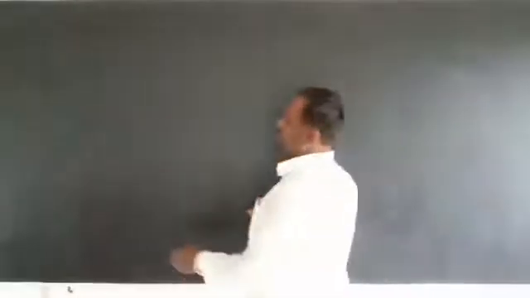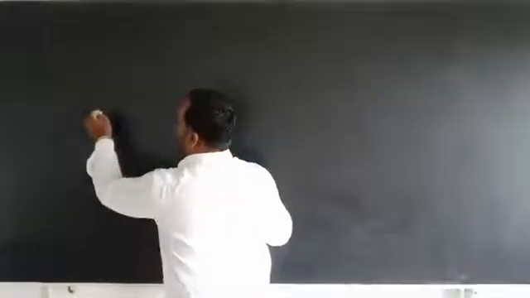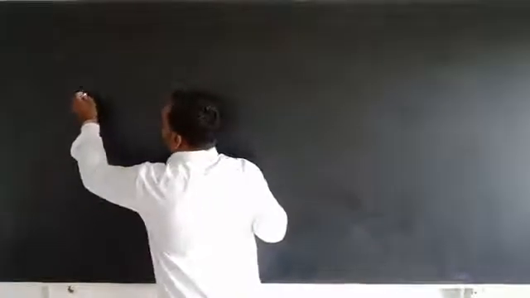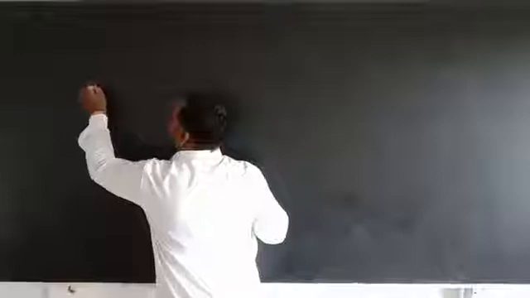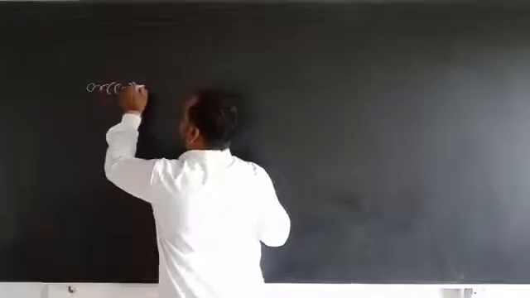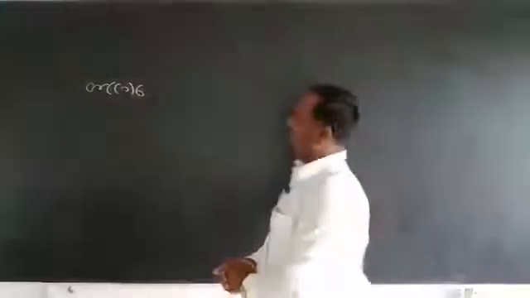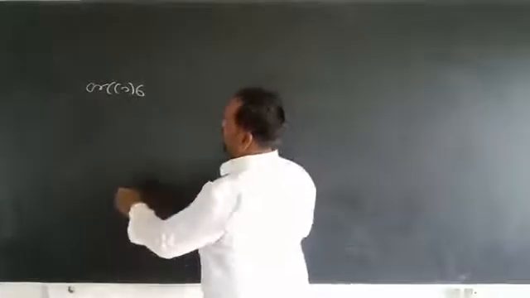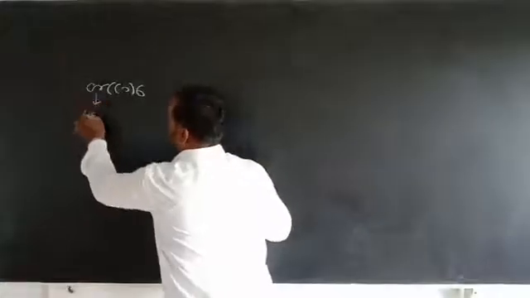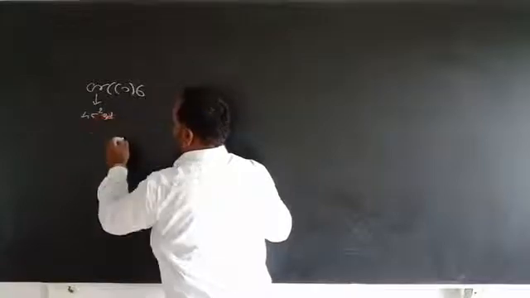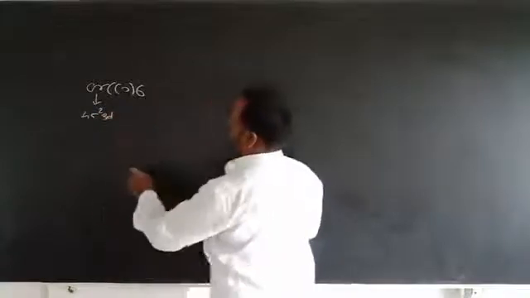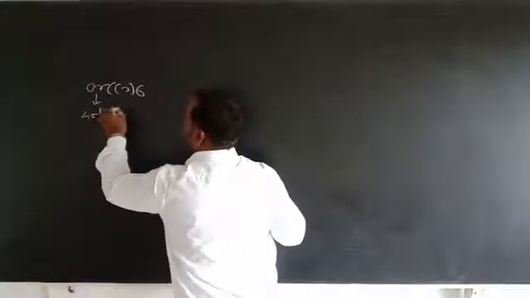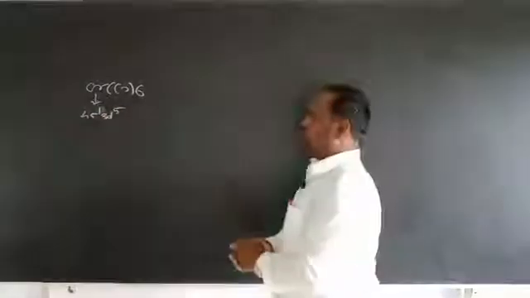Let us consider a simple example, Cr(CO)6. Chromium has the configuration 4s2 3d4, or we can write it as 4s1 3d5, the anomalous behavior of chromium and copper.